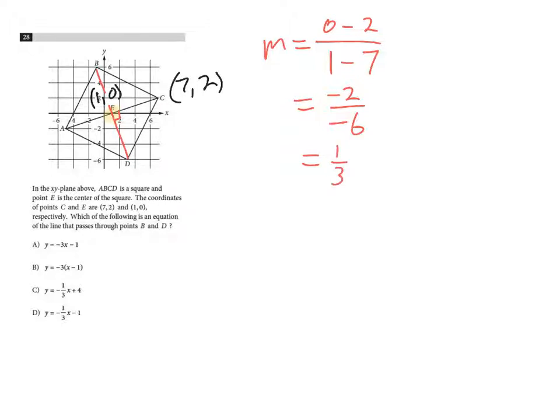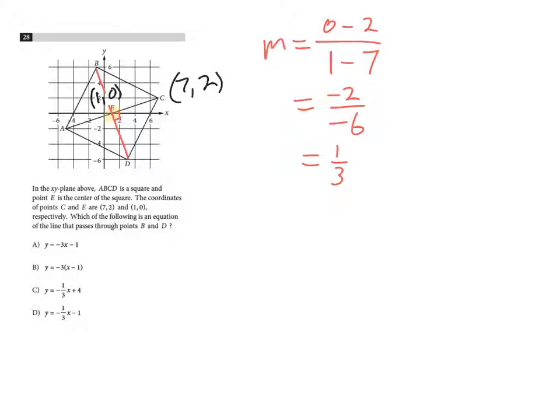That slope is going to be y minus y over x minus x, negative 2 over negative 6. It's going to be 1/3. So the negative reciprocal of 1/3 is negative 3.